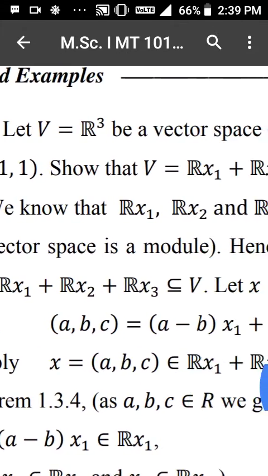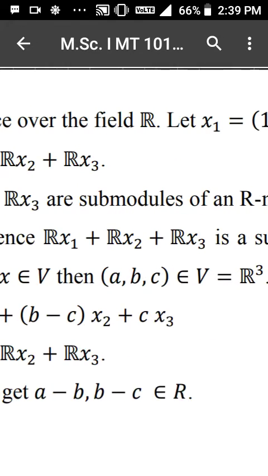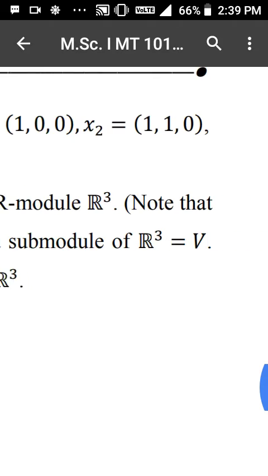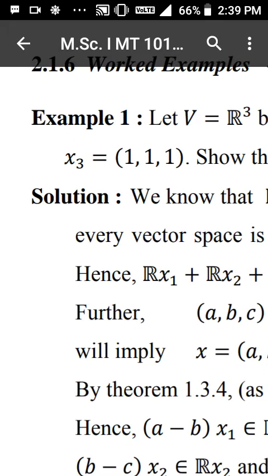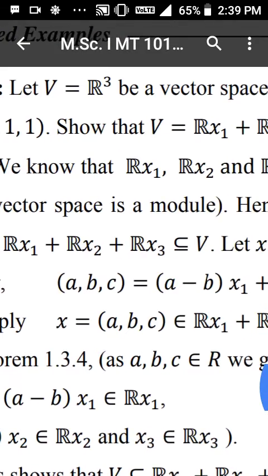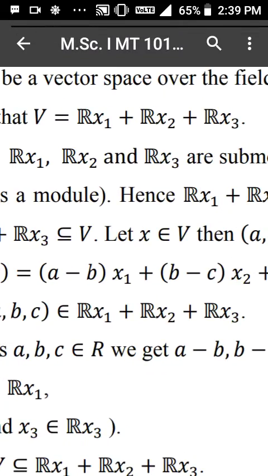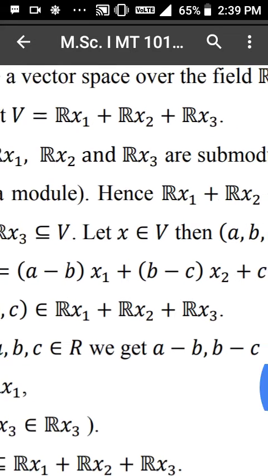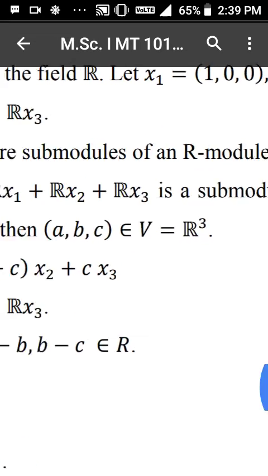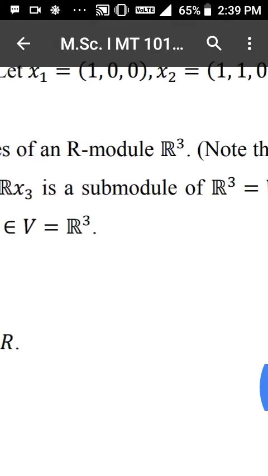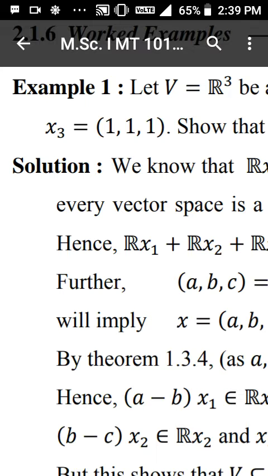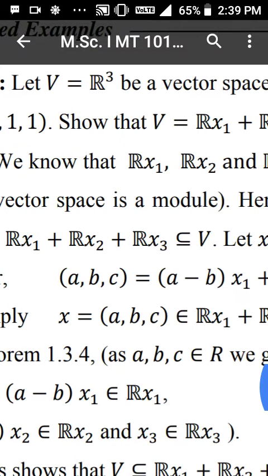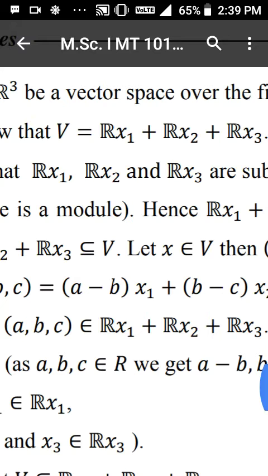Solution: We know that Rx1, Rx2 and Rx3 are submodules of the R module R cube. Note that every vector space is a module. Hence Rx1 plus Rx2 plus Rx3 is a submodule of R cube, which is equal to V. Hence Rx1 plus Rx2 plus Rx3 is a subset of V.